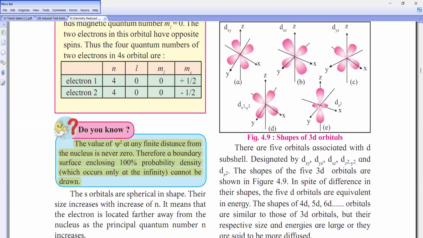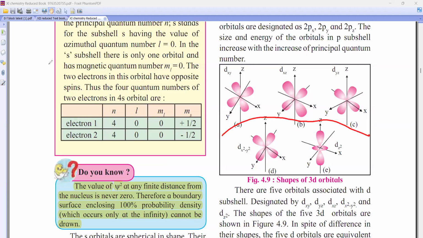Can you see this beta? In D, how many orbitals are there? Total 5. Wherever square word is there, it is on the axis. Can you see these are on the axis, along the axis? So how many are along the axis beta? These two. Dx square minus y square and dz square.